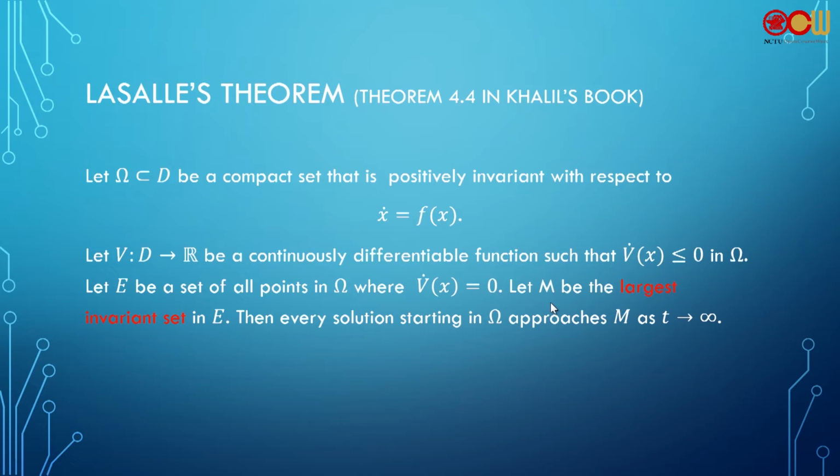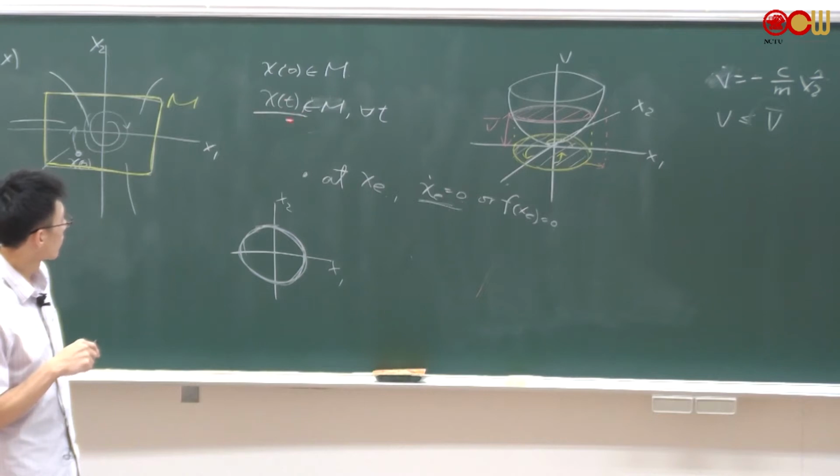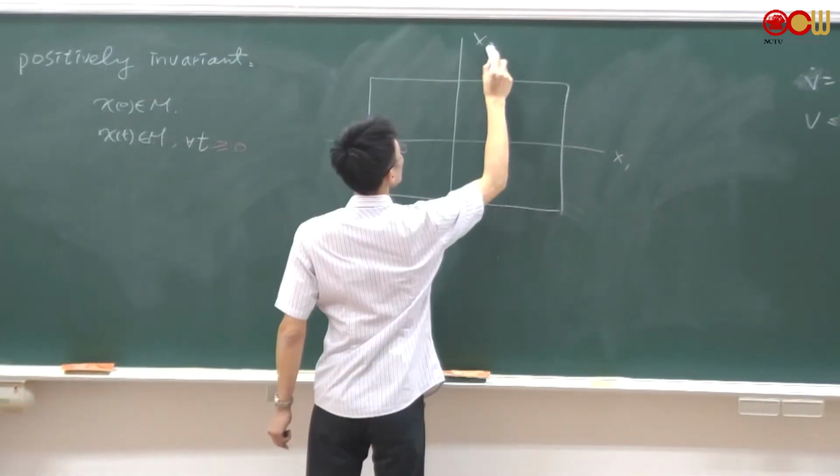LaSalle's theorem says: let omega belong to D be a compact set. Compact set means it's a bounded set. And that is positively invariant with respect to this dynamics. Positively invariant means it's invariant for t greater than 0.